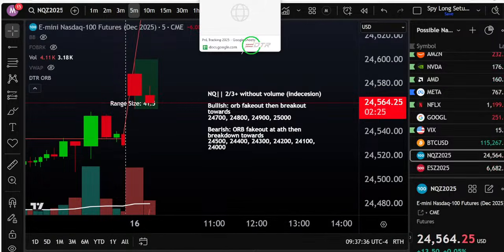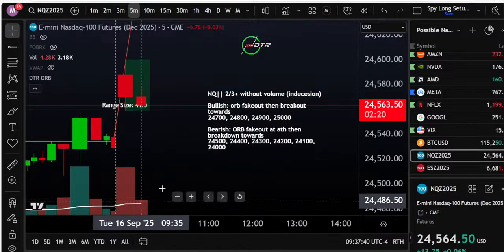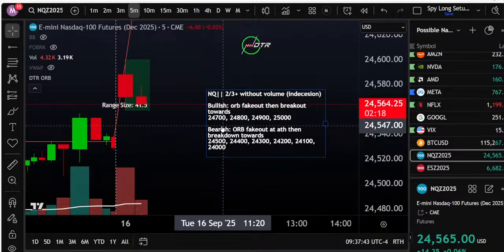All right, so we're going to be very, very patient. Good volume on the first candle, kind of disappears almost instantly on the second.